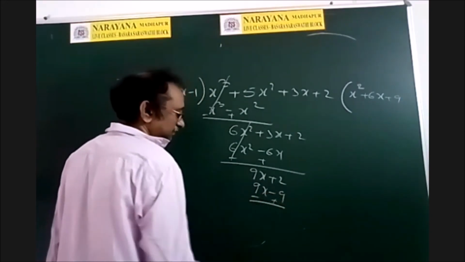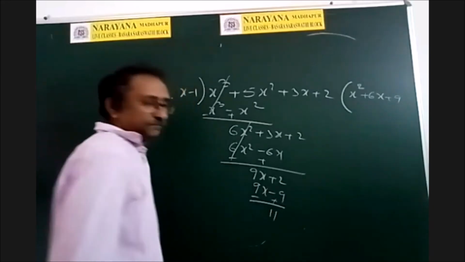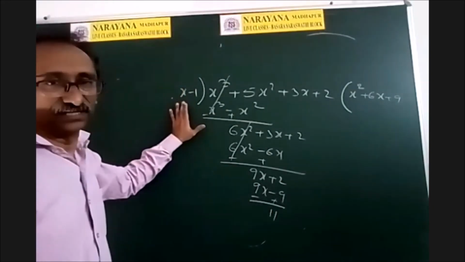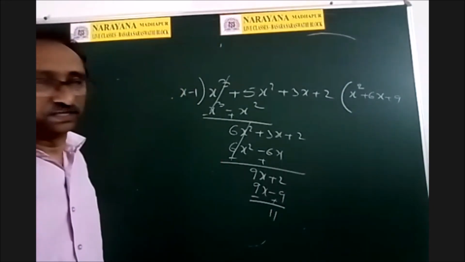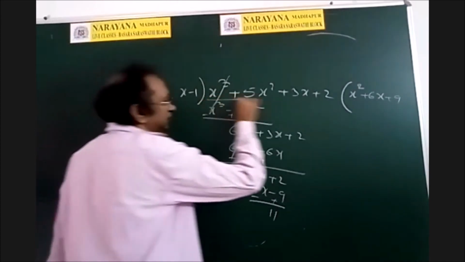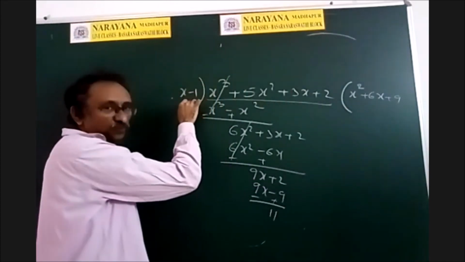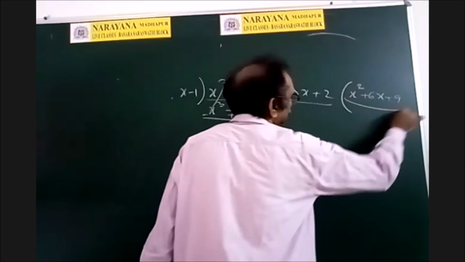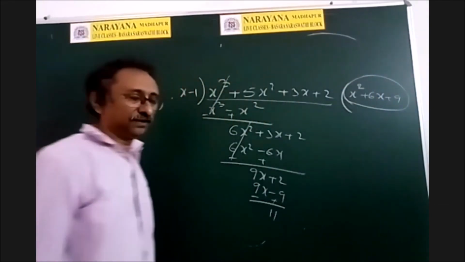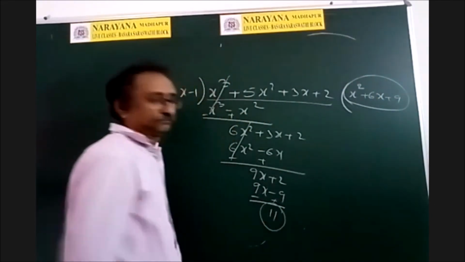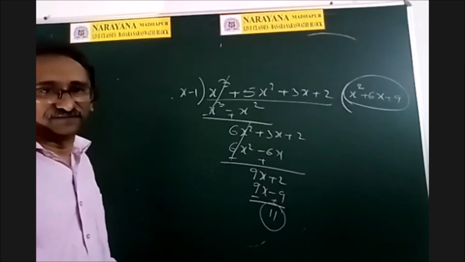And this is minus, this is plus. You will get 11. So its degree is less than this degree. So we stop here. Therefore, if you divide this expression by x minus 1, the quotient is x square plus 6x plus 9 and the remainder is 11. So this is called long division.